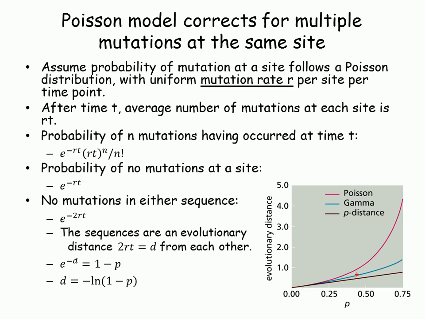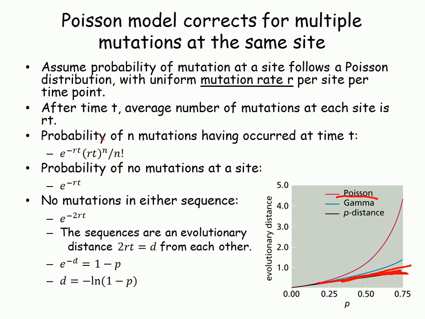Okay, so the p-distance, as I mentioned, underestimates the actual evolutionary distance because of errors such as identical residues. You can have more than one mutation at a single location, and also you don't have the same mutation rate at all positions. Okay. The Poisson correction models the mutations as a Poisson process.